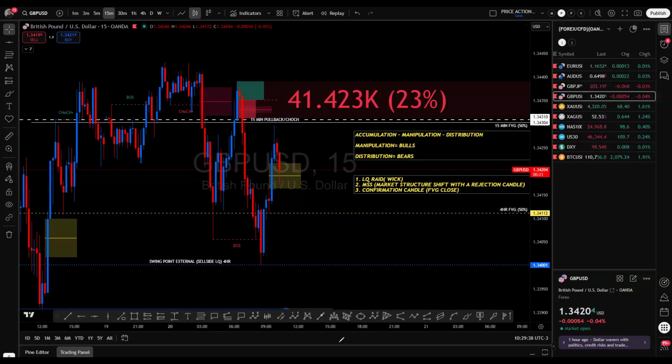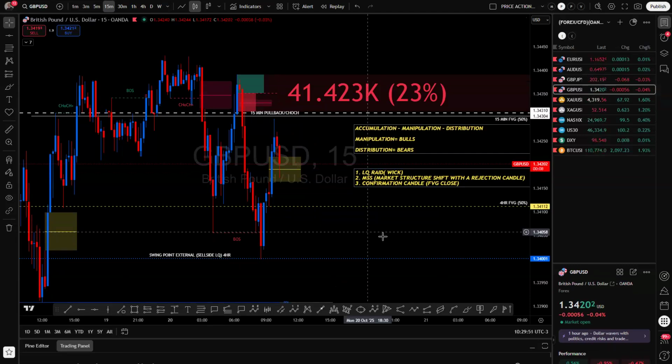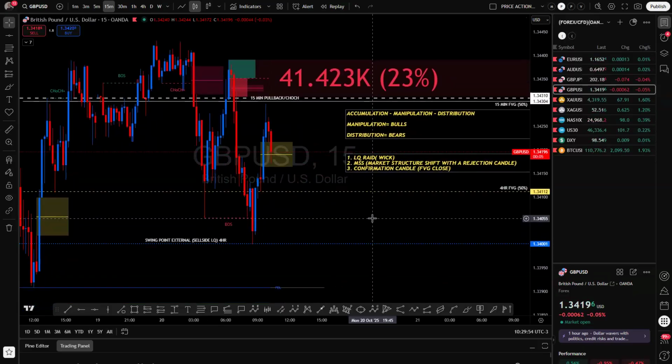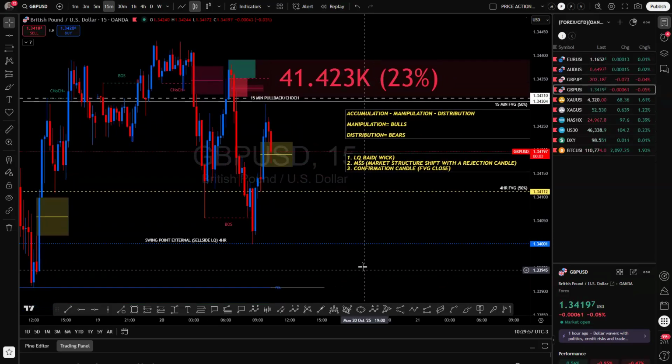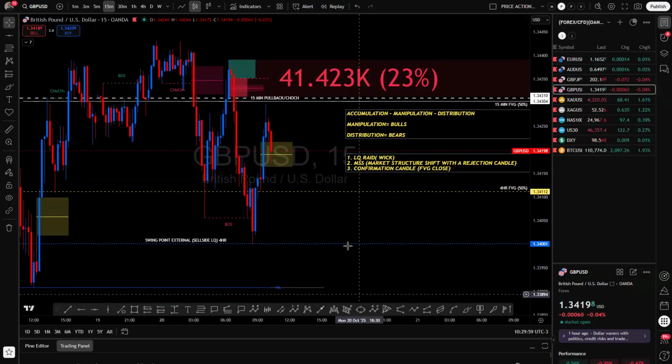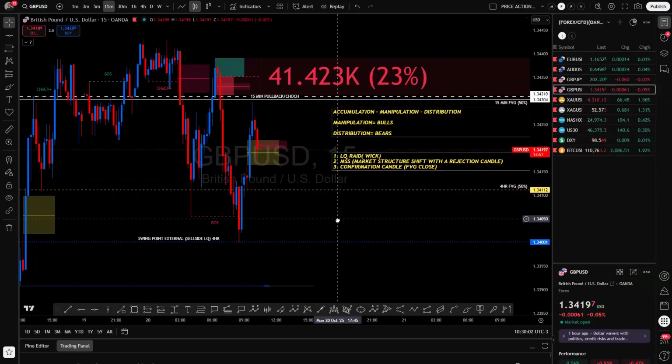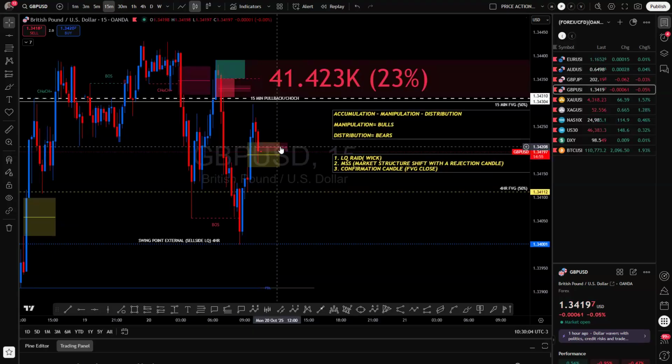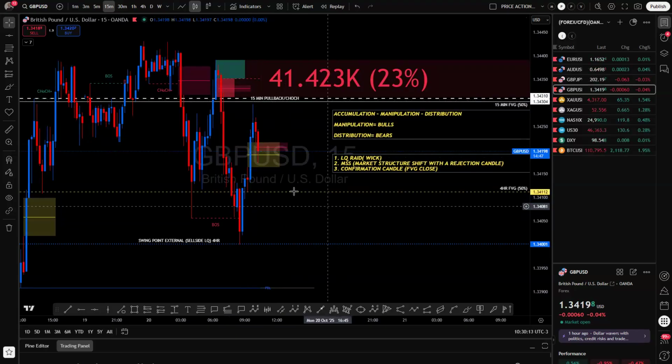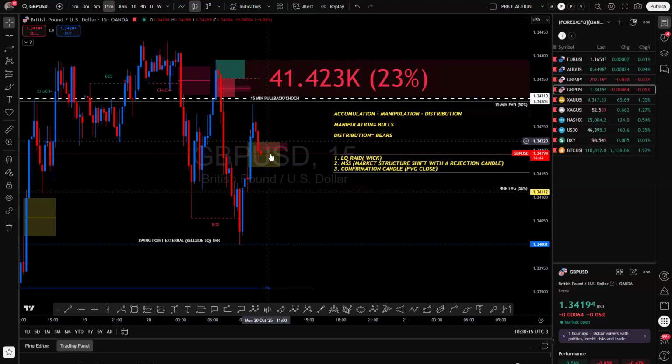We don't necessarily know yet until the market makes it clear. But now we have some strength below here. This looks like a 3-bar pattern.